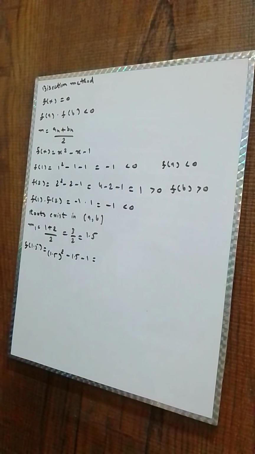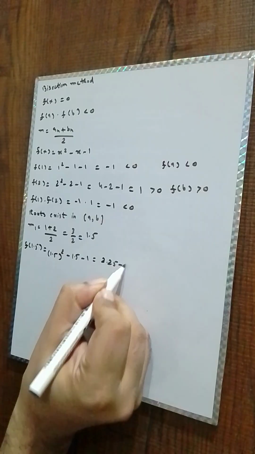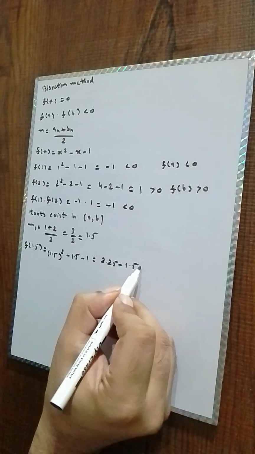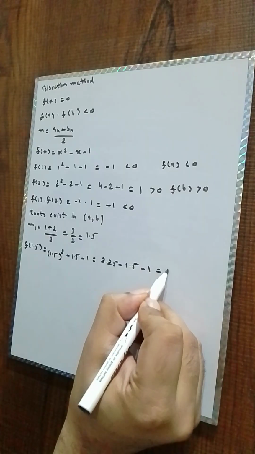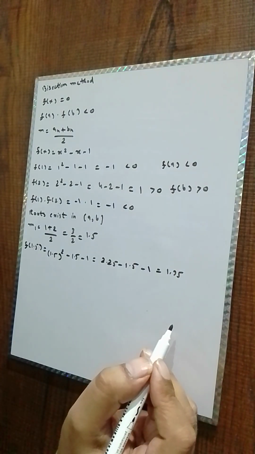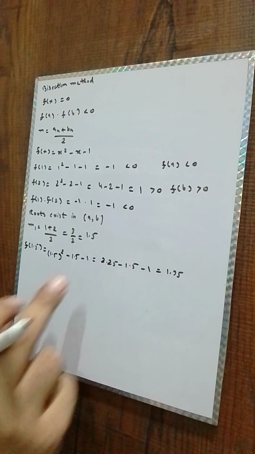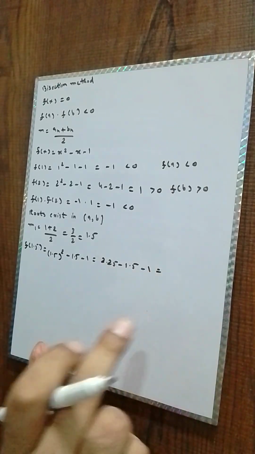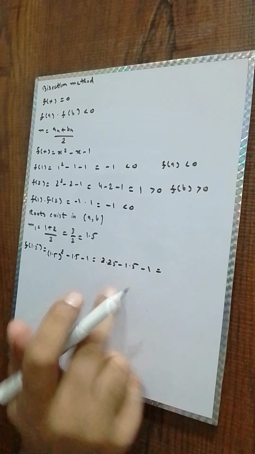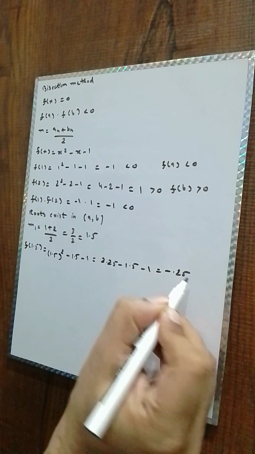So the situation is that we have 2.25 minus 1.5 minus 1, which is minus 0.25.